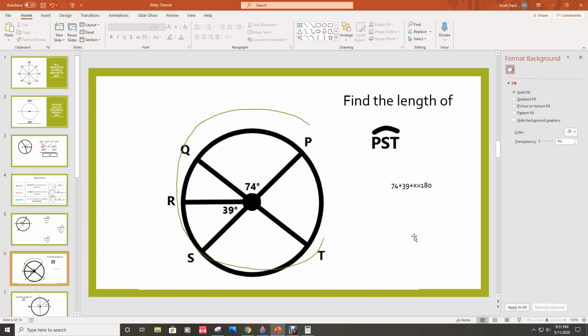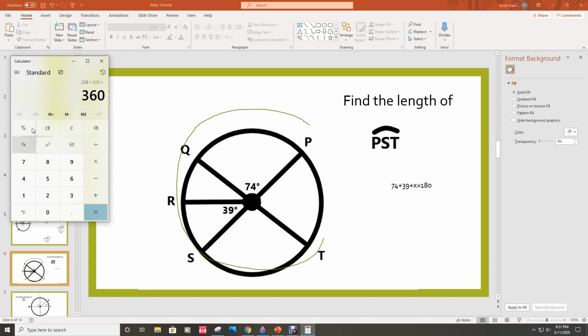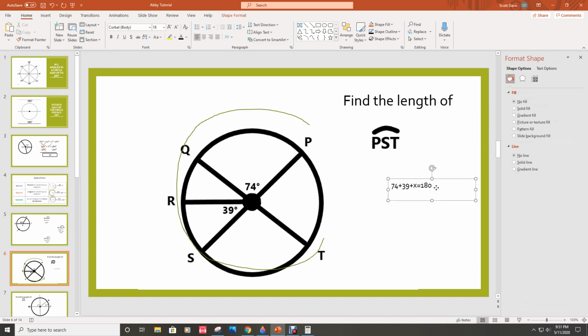Okay. So, let's go ahead and add those two together. So we've got 74 plus 39. Okay, 113. So now we are at 113. So 113 plus X equals 180. Alright. And we are going to follow this just like a regular algebra problem.